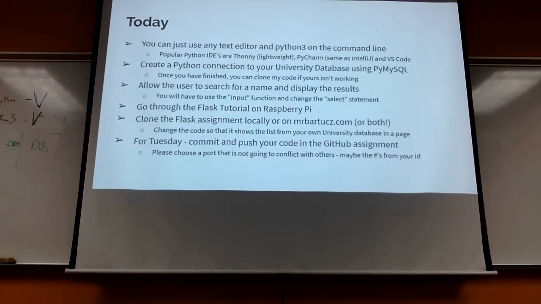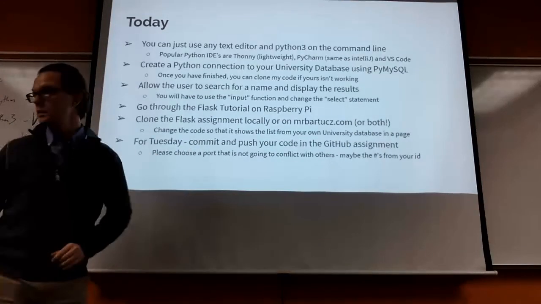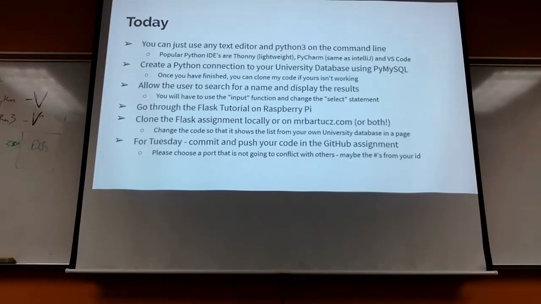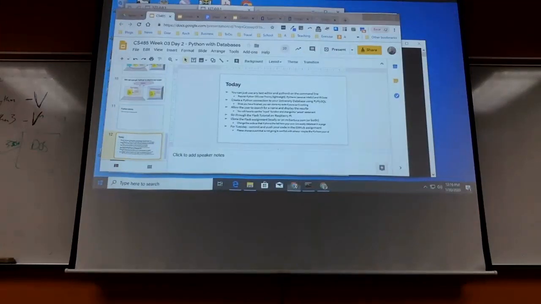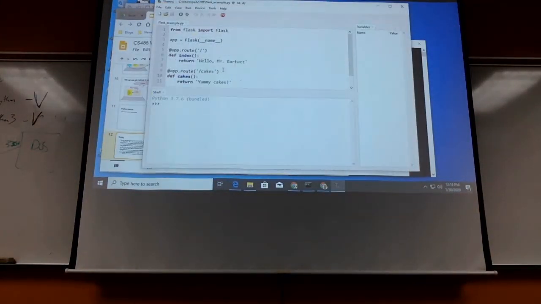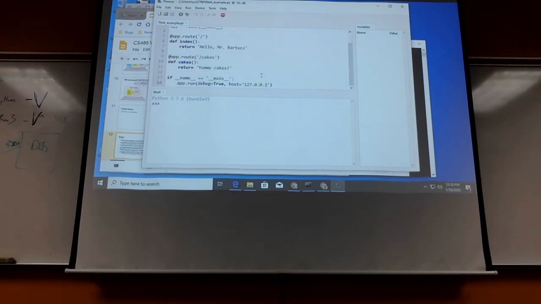One thing that you're going to want to do, yes, I should have mentioned that. When you create your Flask server, by default it uses port 5000. That's what Flask does. But what I would recommend is you use the numbers from your ID.